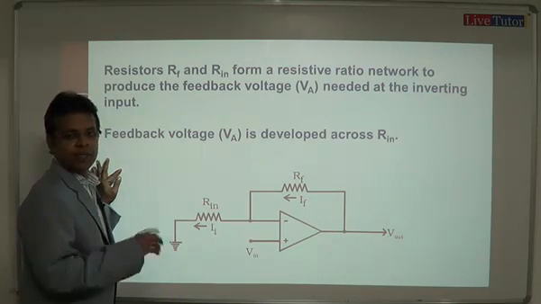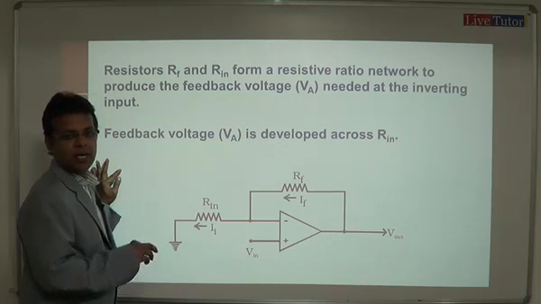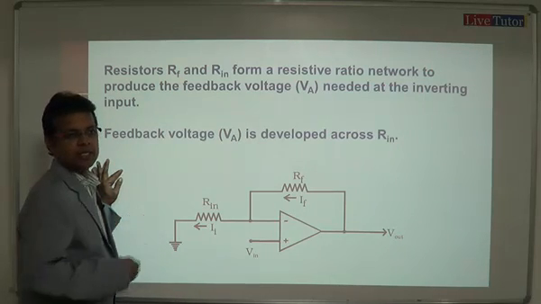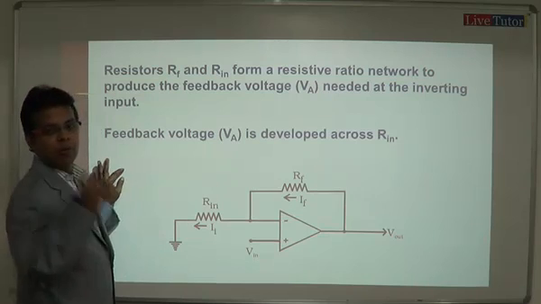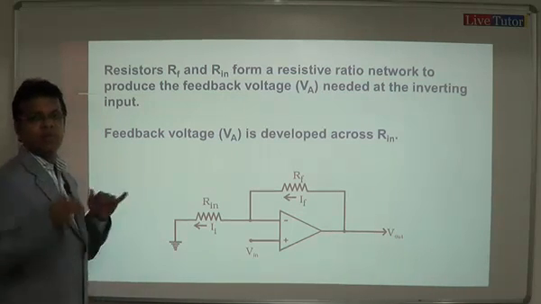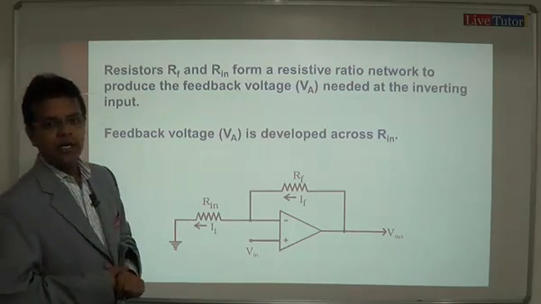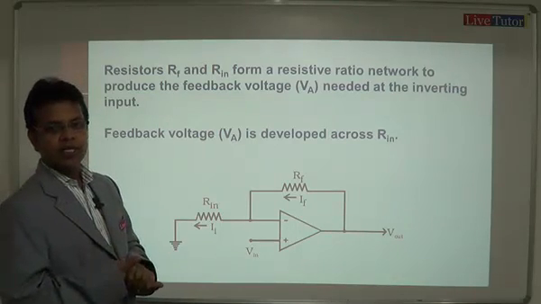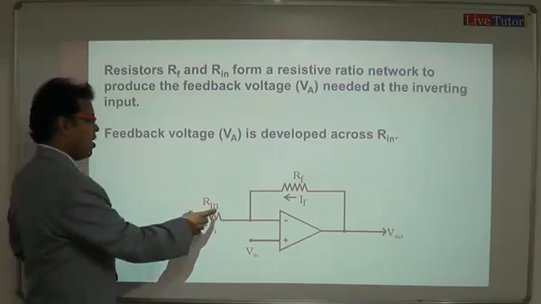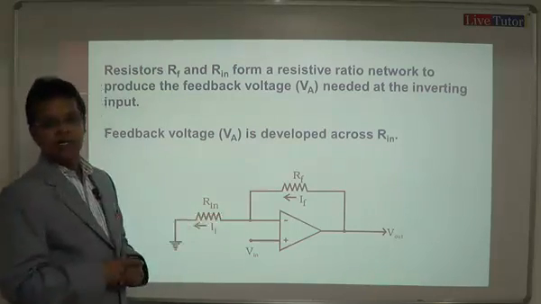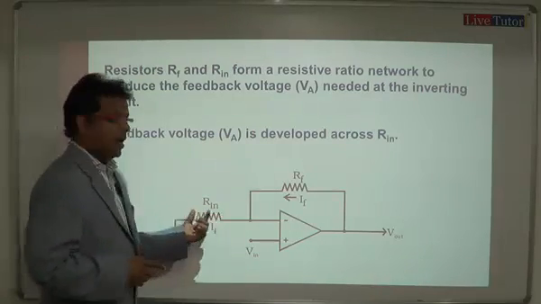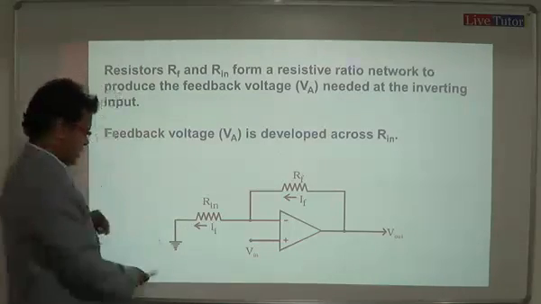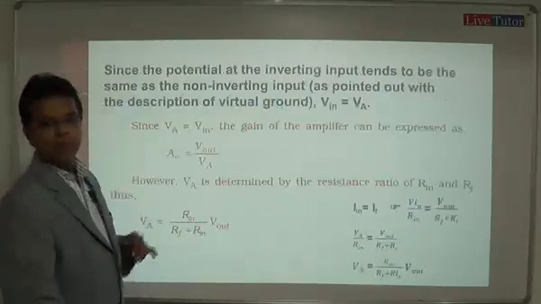These two resistors provide the feedback voltage to the inverting input. And where can you get this feedback voltage? It is developed across the resistor Rin. Okay. Now, how to derive this expression?